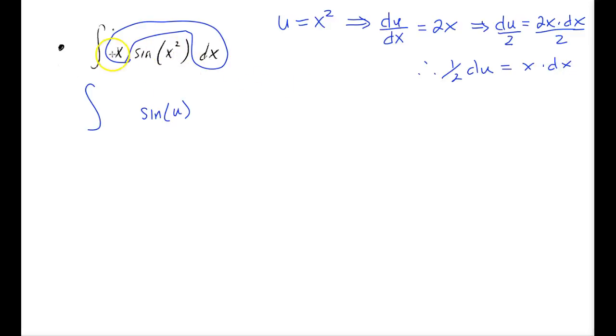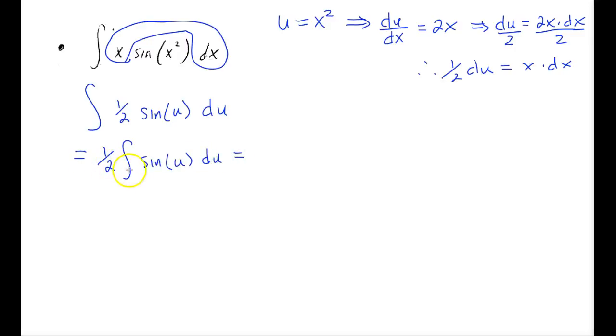So here we're going to take what x dx is and now just rewrite that as 1/2 du. And so now from that point, we can take the constant and factor it out of the integral.